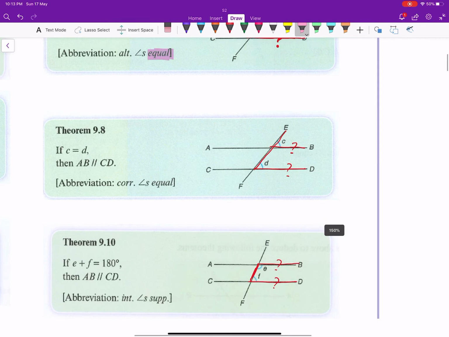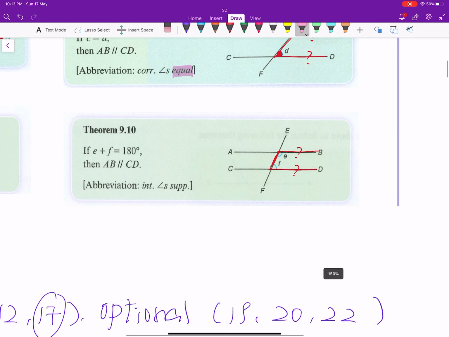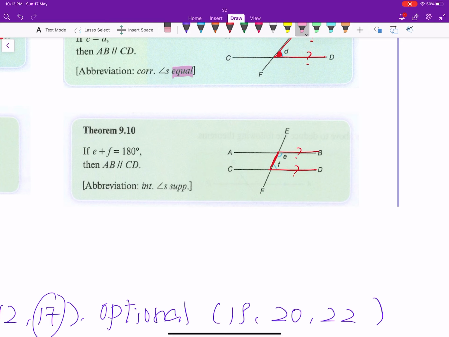And this one, if you can find that angle C and angle D are equal, then you can prove AB parallel to CD. The reason is corresponding angles equal. And if you can find E plus F equals 180 degrees, then you can prove AB parallel to CD. And the reason is interior angles supplementary.